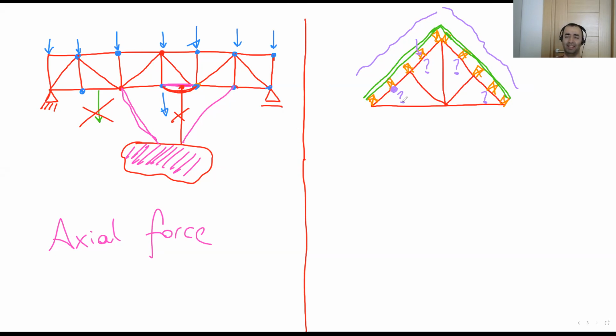I guess these timber roofs are not for large spans. It is for 8 meters, 7 meters, sometimes 10 meters. It's not for 25 meters or 30 meters or 50 meters.